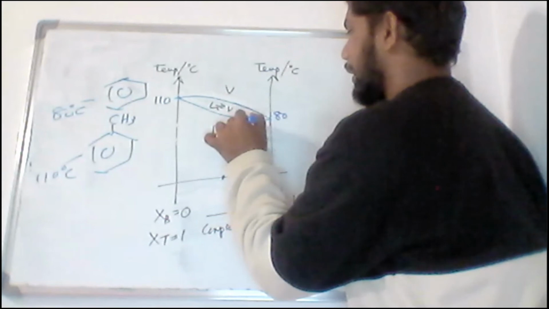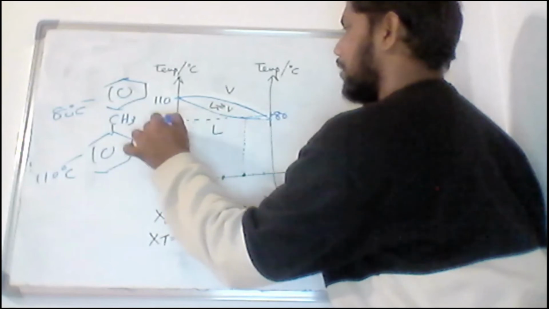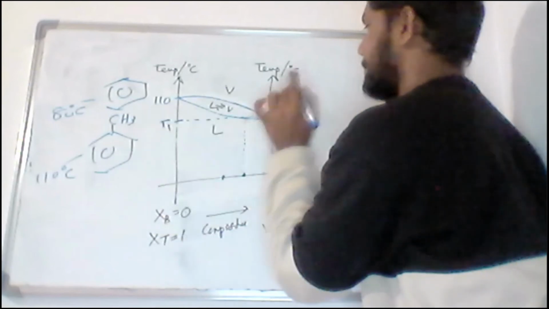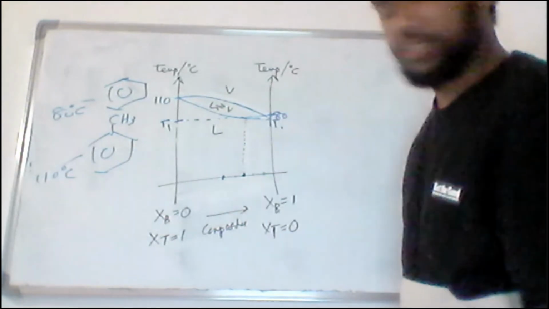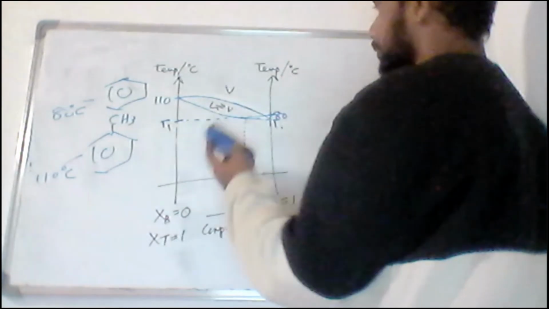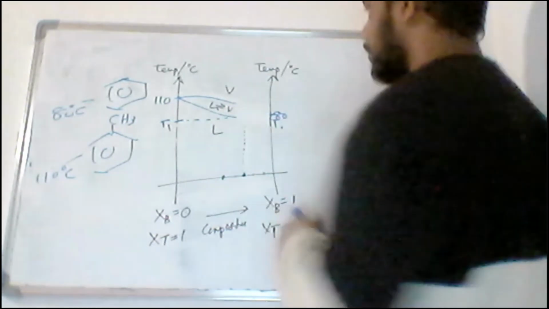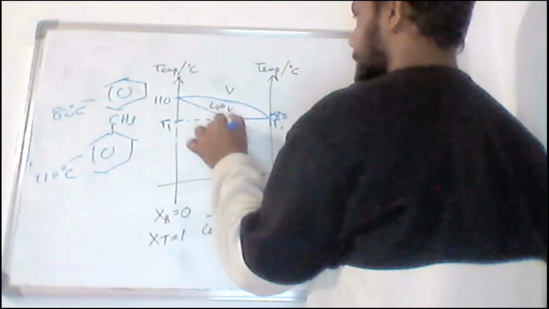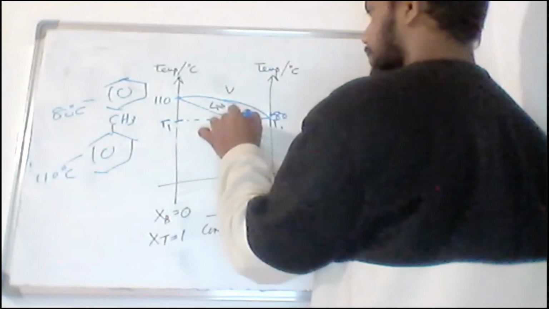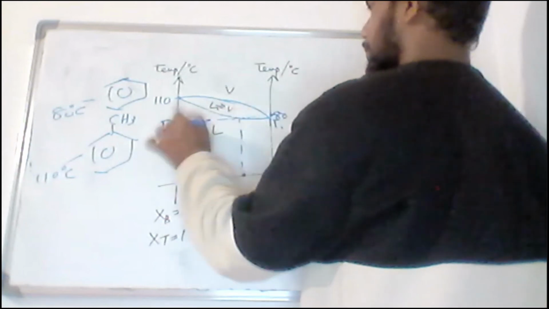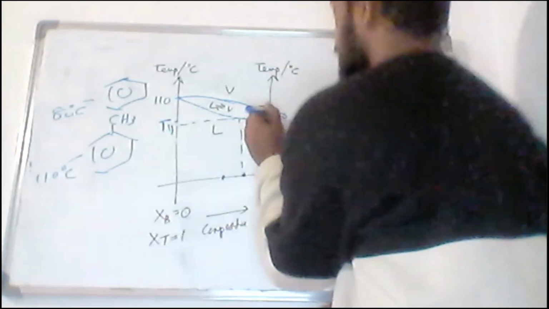At this point, your boiling point T1 is this. It should be shown a little differently, so I will show it clearly. Let's say 30% is around here. So this is T1 that you have to mention, this point.